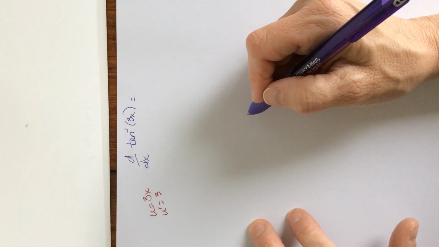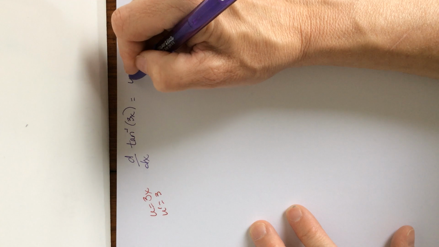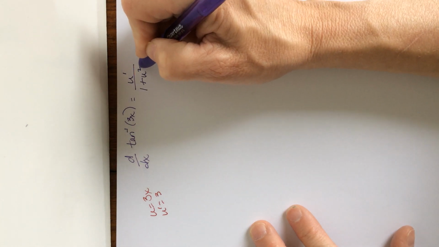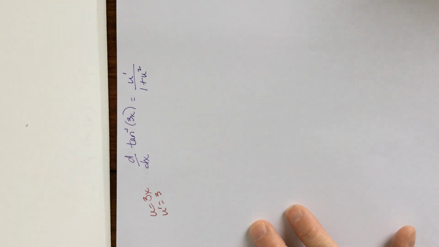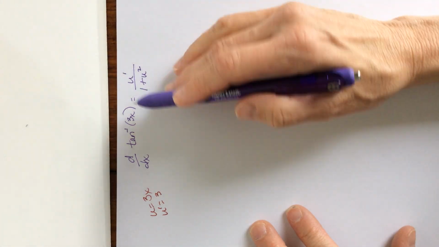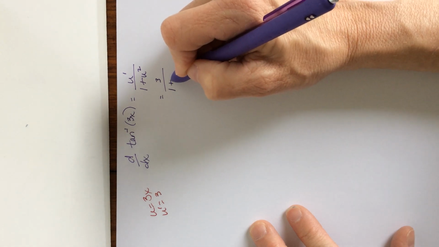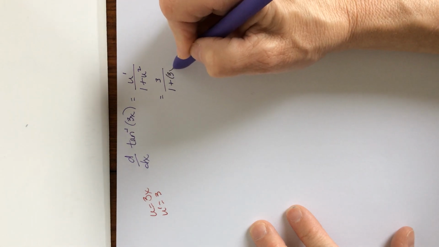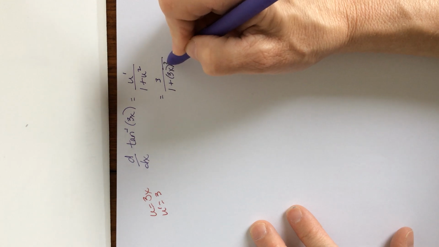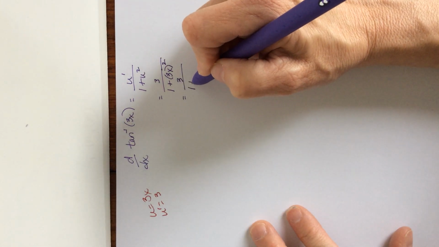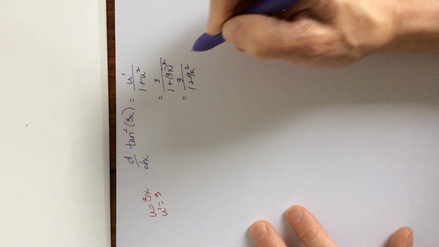Inverse tangent is going to be u prime over 1 plus u squared. So now u prime is 3 over 1 plus our u is 3x. I'll square that, and that cleans up to be 3 over 1 plus 9x squared.